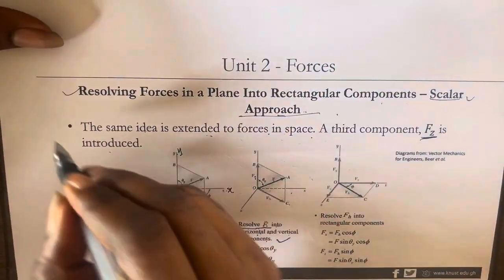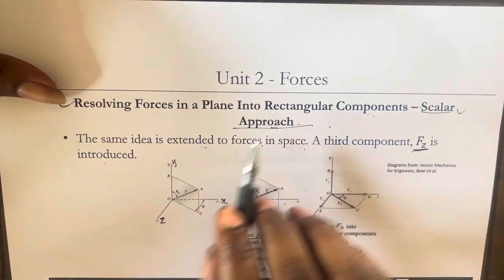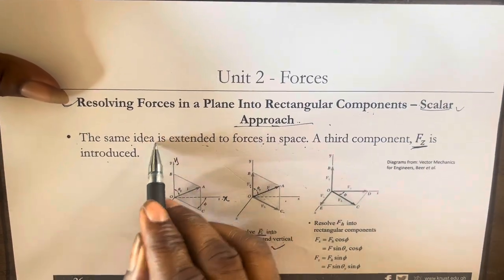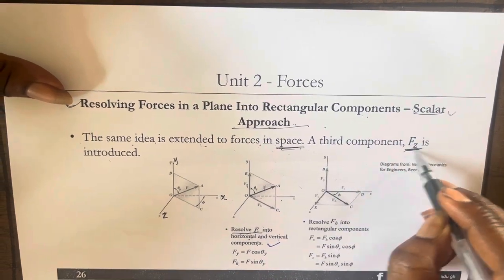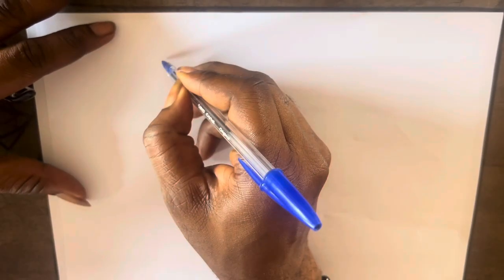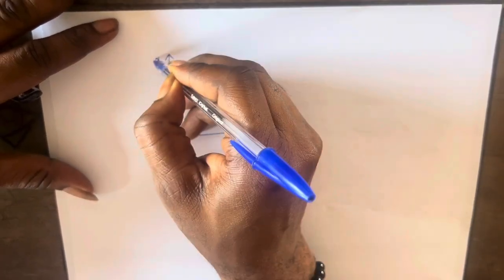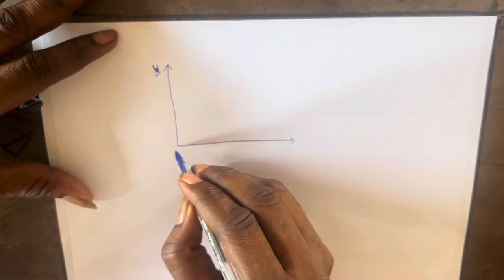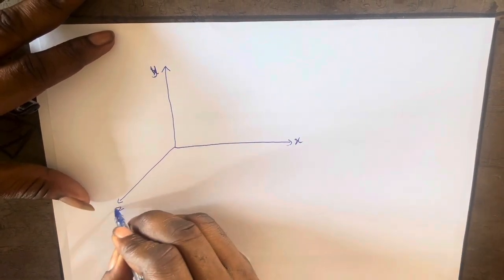We are looking at resolving the same forces into rectangular components, the scalar approach. But this time we are applying the same idea to forces in space, and the third component, Fz, is introduced. Let me make it big so that you get it. So we are looking at a force with the y, the x-axis, and the z.